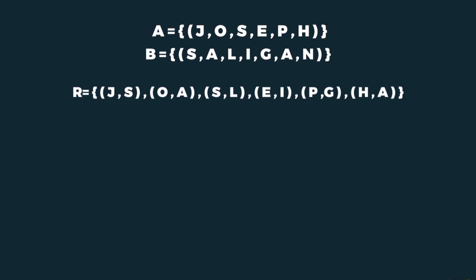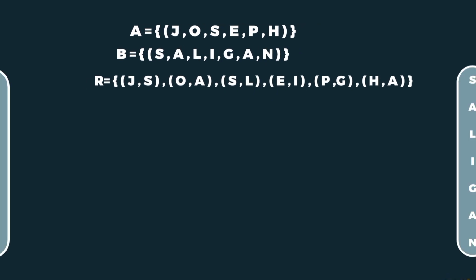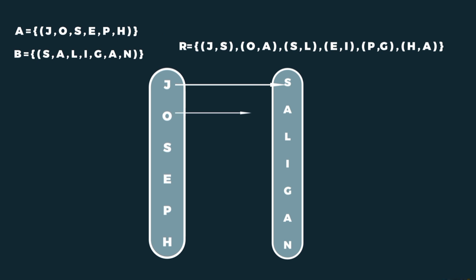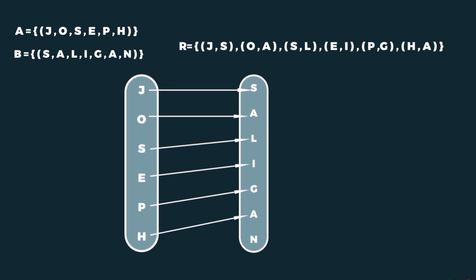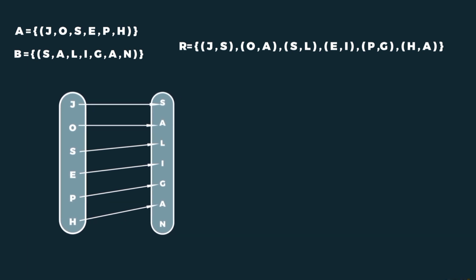And our relation R equals {(J, S), (O, A), (S, L), (E, I), (P, G), (H, A)}. In our arrow diagram, we have J to S, O to A, S to L, E to I, P to G, H to A. Let's see if it satisfies both properties of a function.